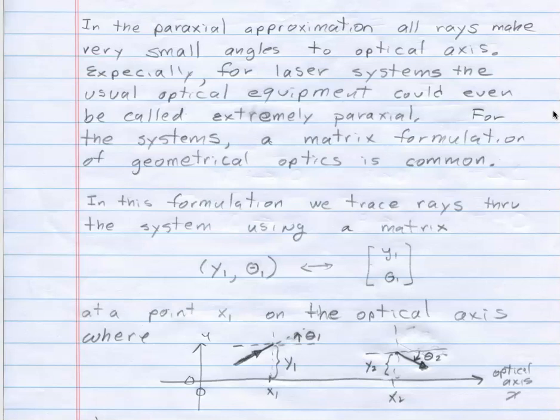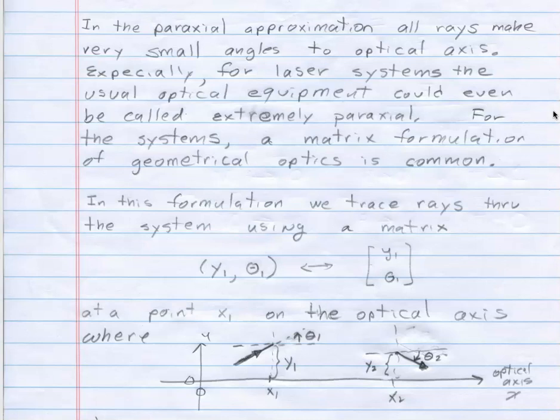To a certain extent, with the advent of lasers, the optical equipment and instrumentation that entail lasers, in lots of cases anyway, can be called extremely paraxial, because for all intents and purposes the angles that the laser beam makes with the optical axis are going to be very, very small.